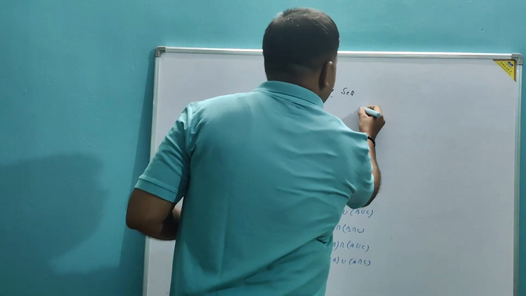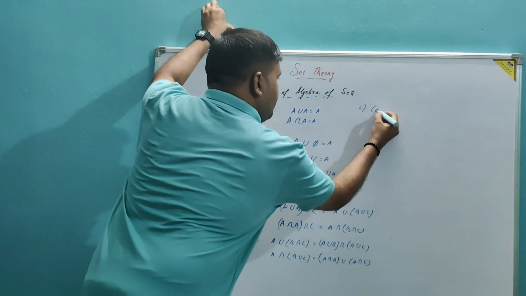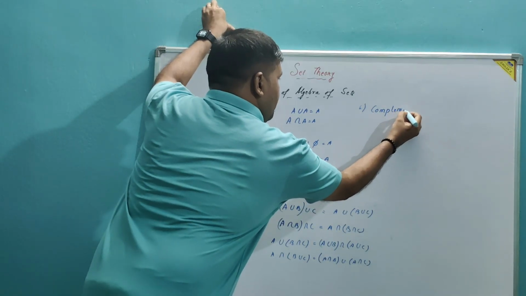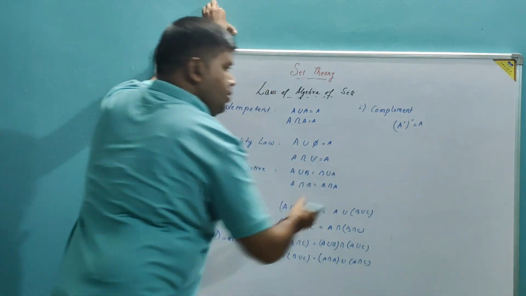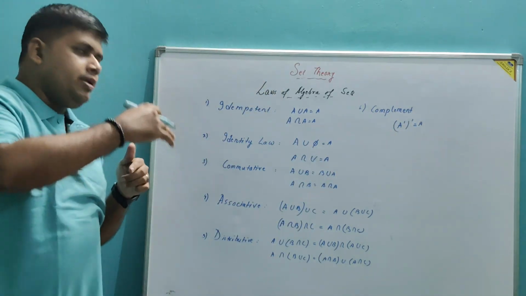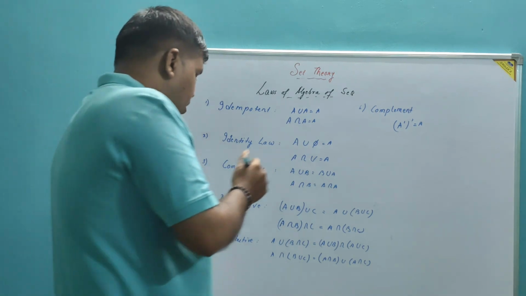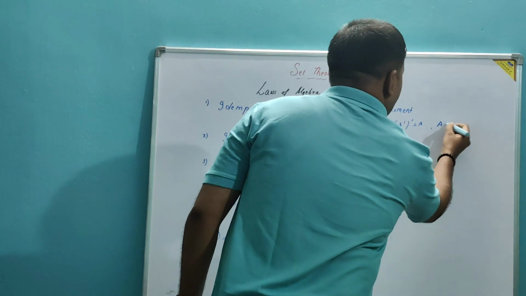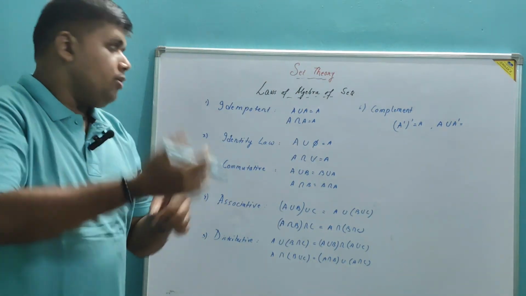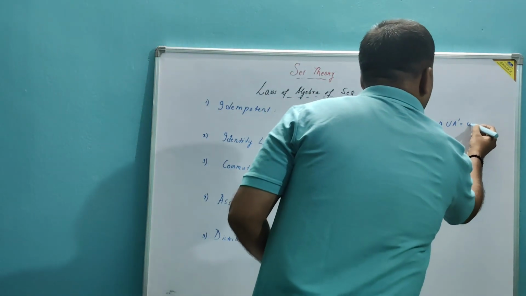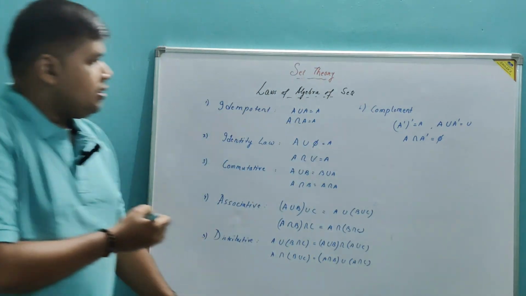Next law is the complement law. How is the complement law written? A complement's complement will give A. If we take the complement of the complement of a set, we get the original set, that is A. Similarly, A union A complement will give us the universal set, and A intersection A complement will give us the null set.